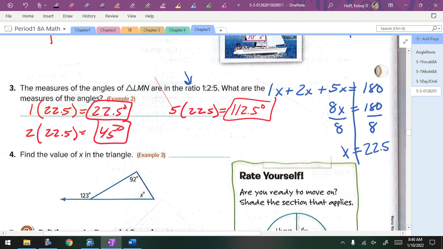Now, one more time, how does Miss Hoff want you to double check this? Everybody grab your calculator. 22.5 plus 45 plus 112.5. What do you get? 180. You should get 180. What's the answer? The angles are all 3 of these right here.